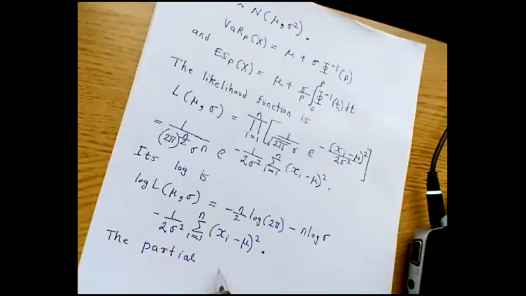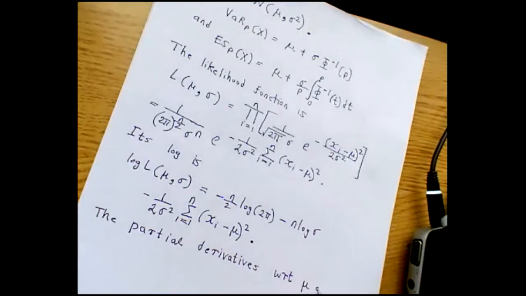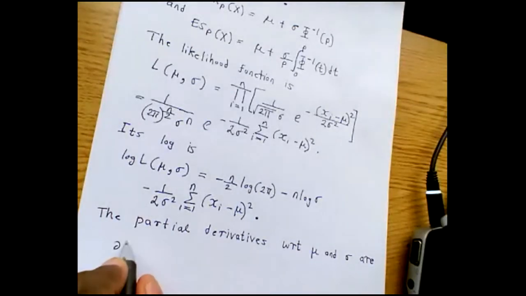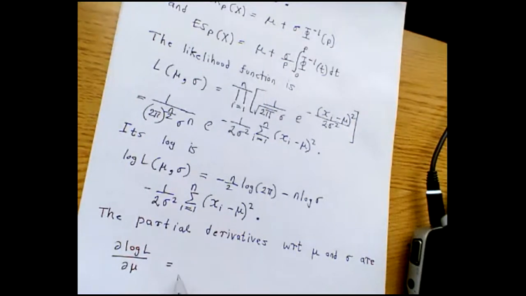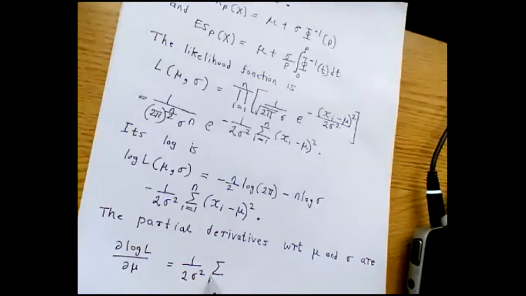Some of you may find this boring, you've done this many times before. The partial derivatives with respect to mu and sigma are as follows. Let's first find the partial derivative with respect to mu. If you do the differentiation, you will get this times the sum of xi minus mu.